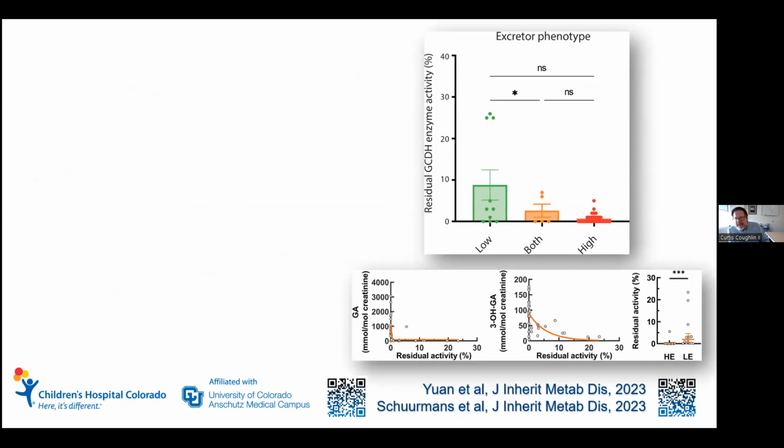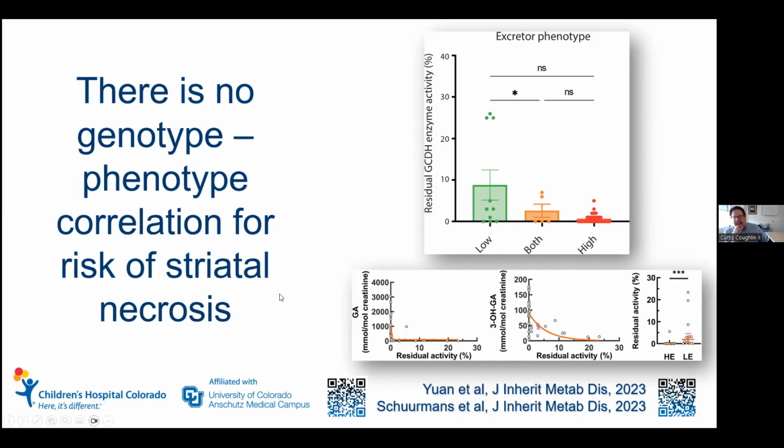Maybe not surprising to you, maybe it is, but the low excretors are often associated with higher residual enzyme activity, but they can also have very, very low enzyme activity all the way down to 0. You can see that in both of these studies. And again, I want to emphasize that this is mainly a genotype-phenotype correlation for this biochemical finding.